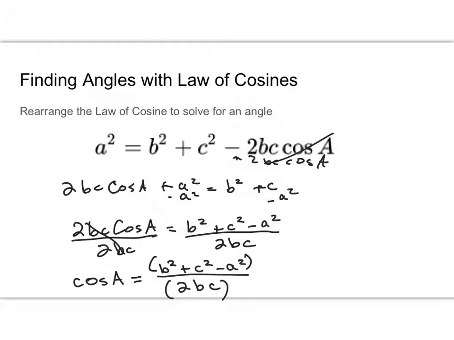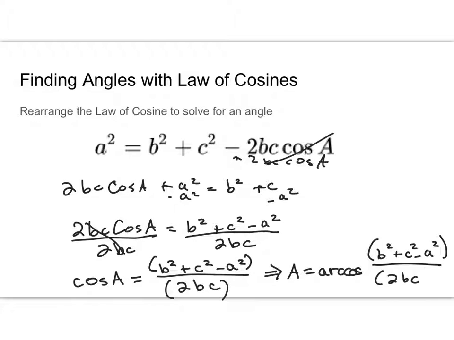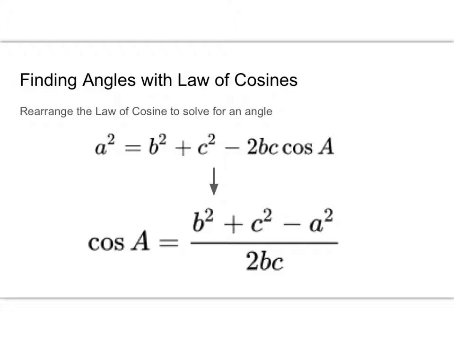Once you do that, in order to solve for angle A, you're going to use your good old friend arc cosine. Or some of you like to say cosine to the -1. I hate that. But this will give you angle A. Oh look, it's all typed up nice and pretty for you.